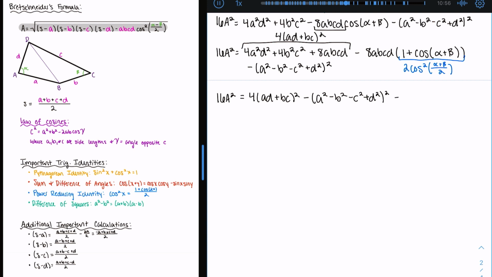And then we'll have minus 8ABCD times 2 times cosine squared of alpha plus beta divided by 2.